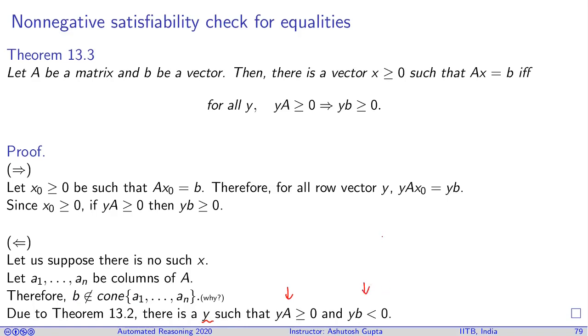It means you can take all these vectors and multiply with some c. We call that c is y here, so that c times all vectors gives you greater than or equal to 0, and if you multiply with b, then it should be less than 0. Therefore this theorem holds true.